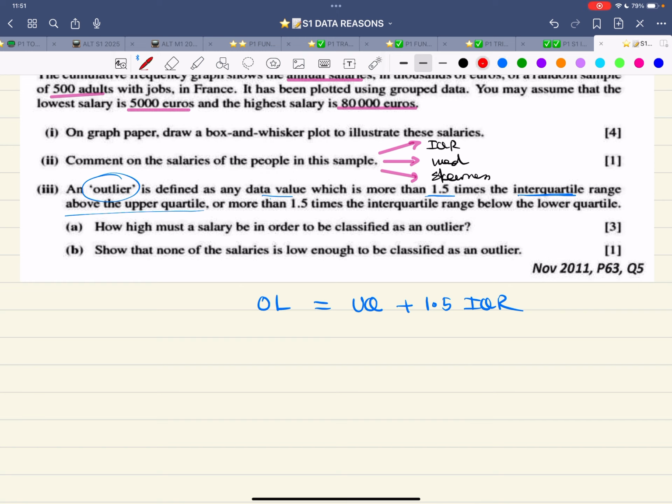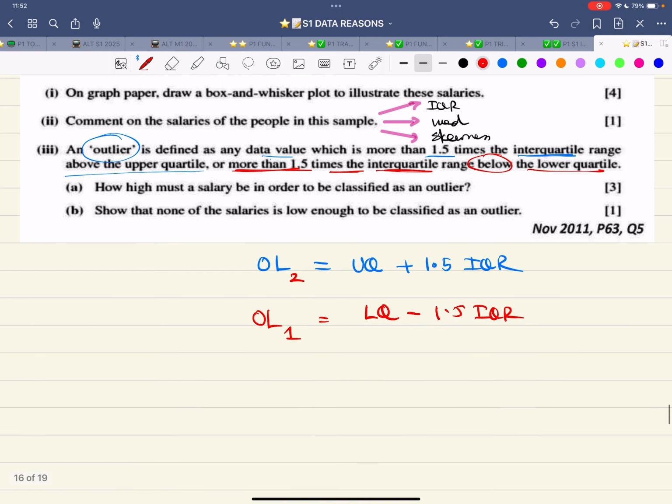Also, there is another outlier, which is more than 1.5 times the interquartile range below the lower quartile. So for the other outlier, again 1.5 times IQR, but now it's below, so we have to subtract. That's the second outlier. So this is the lower outlier, and this is the upper outlier.